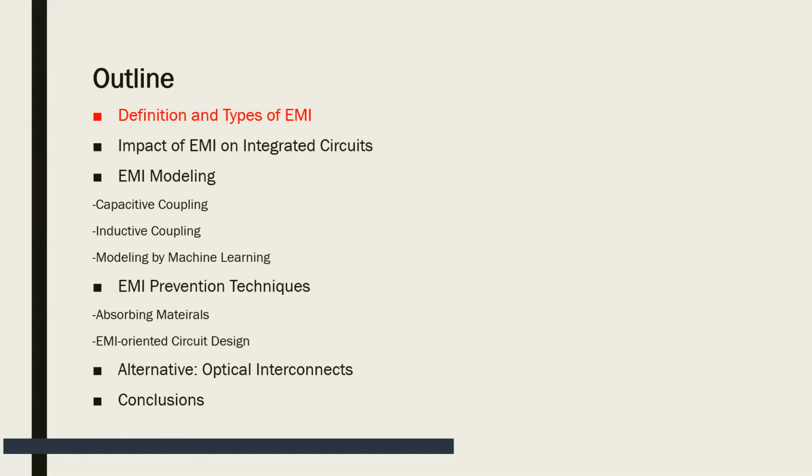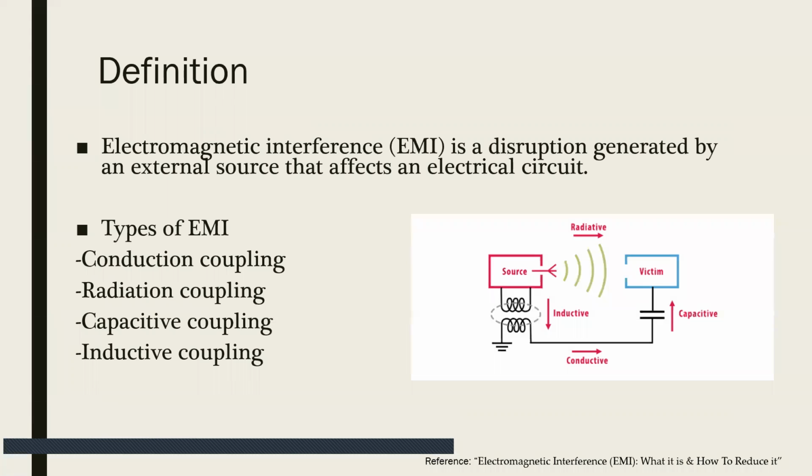So, definition and types of EMI. Electromagnetic interference is a disruption generated by an external source that will affect the operation of a circuit. And then EMI includes conduction coupling, radiation coupling, capacitive coupling, and inductive coupling.